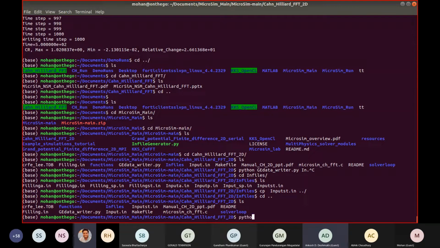We will implement this in the GUI also. MicroSim, sorry, the Gibbs energy writer and the input file.